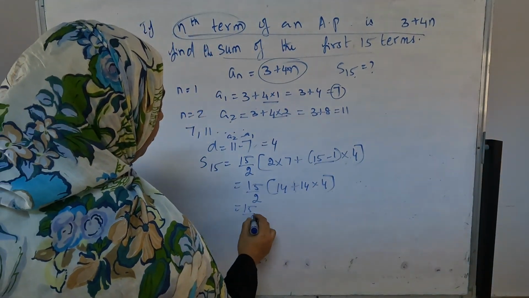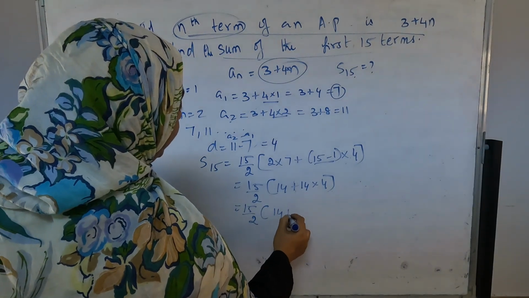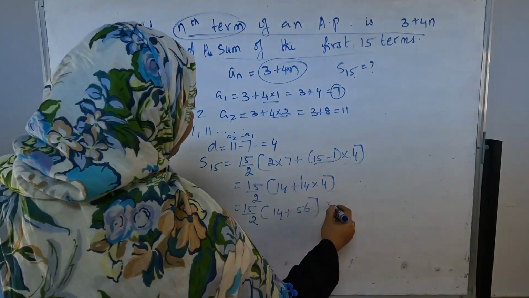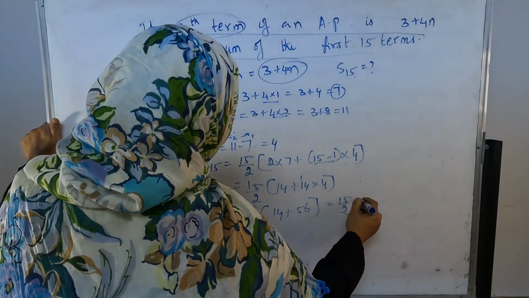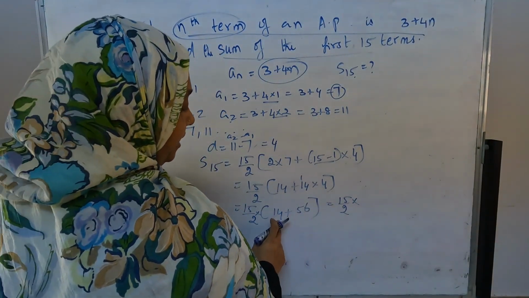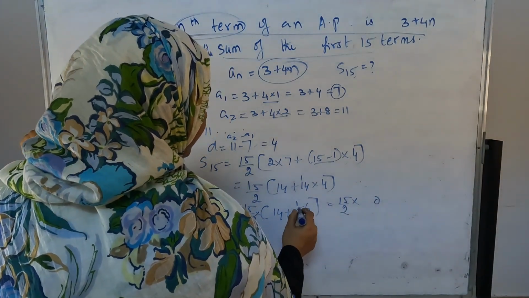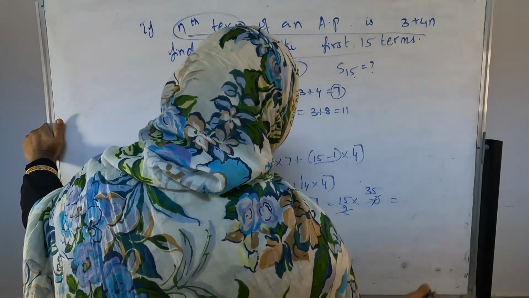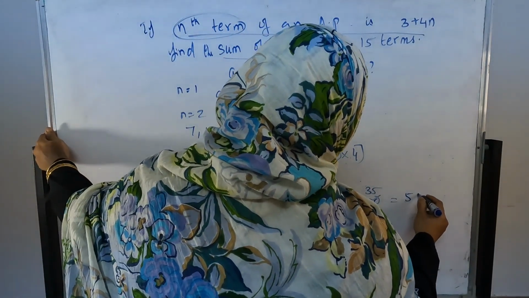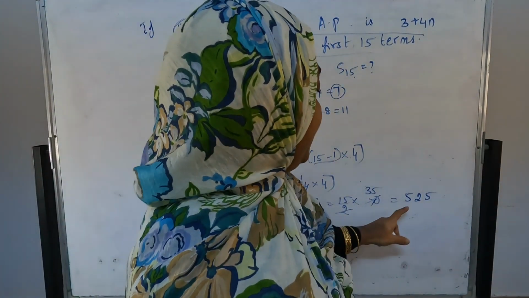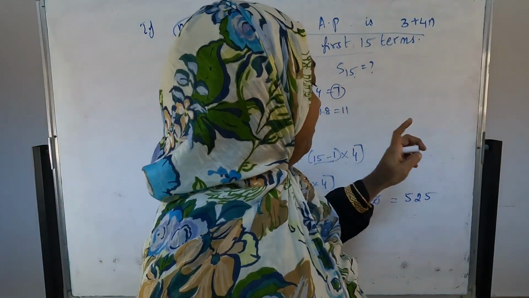Now 14 plus 4 4s are 16, 4 1s are 4, 5 6s are 56, so this becomes 15 by 2 into 70, which is 35 times 15. Multiply and write the answer: 525. Okay, the answer is 525.